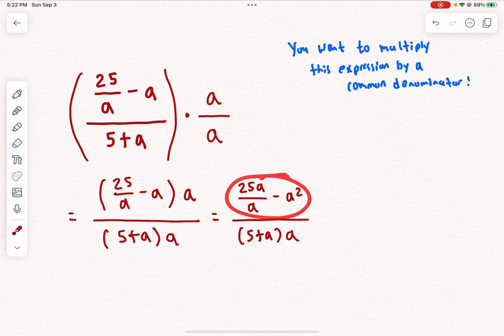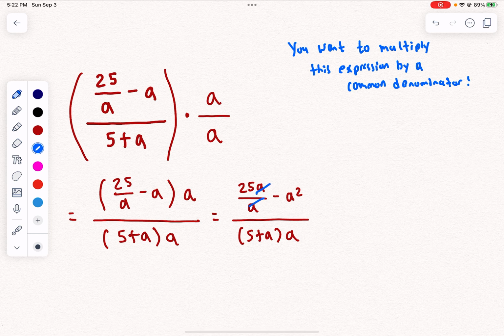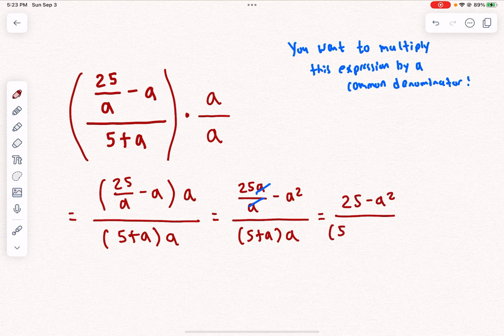So if you look at the numerator, you have a over a. These a's will cancel out. Ultimately, what you're left with is 25 minus a squared all over 5 plus a times a. And then once again, we have to use the property of the difference of squares to help us factor this numerator.